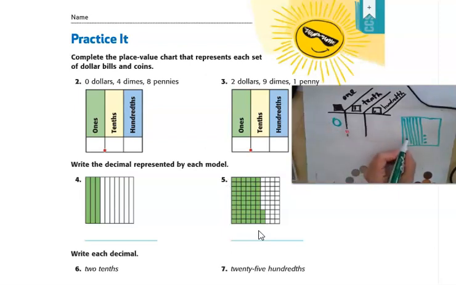The 6 bars stand for 6 dimes. And I have 3 hundredths, so that would be 3 in the hundredths place, which means number 5 would be 63 hundredths.